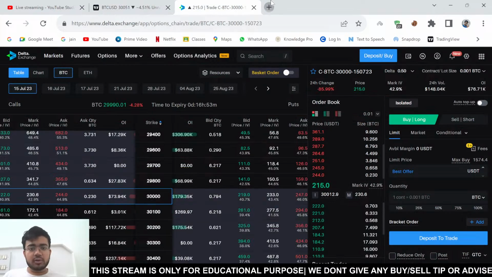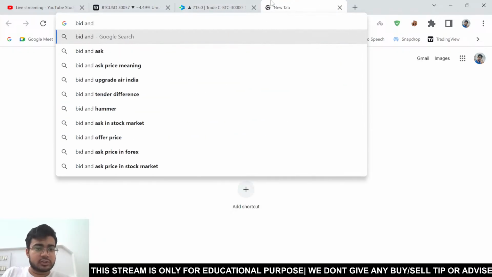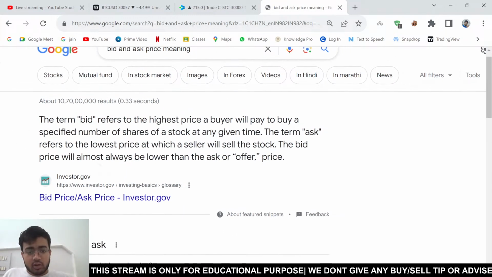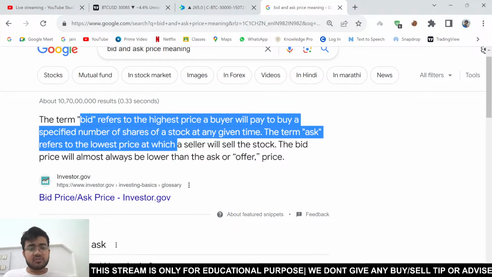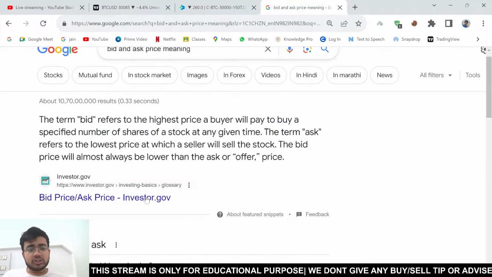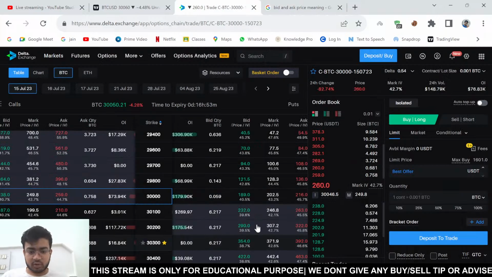For all you newbies, I'm just gonna explain what is bid and ask. A bid is the highest price a buyer is willing to pay for a specified lot, in this case, okay, an ask refers to the lowest price a seller is willing to sell at. Okay, the spread here is huge.